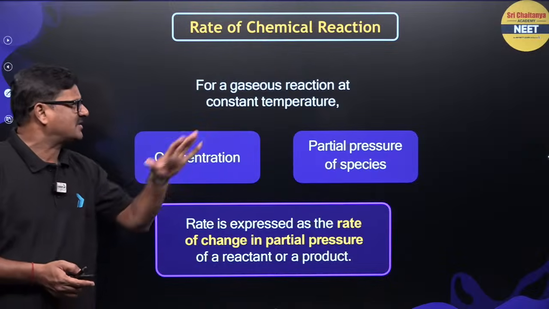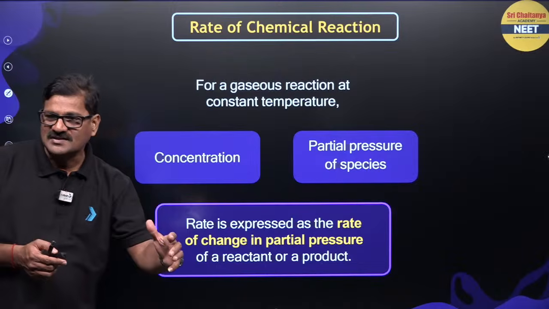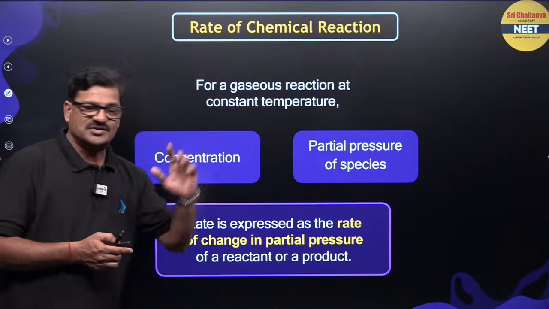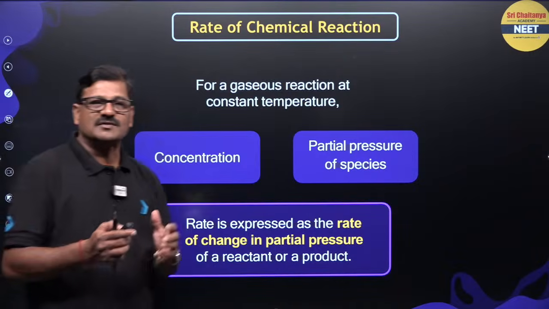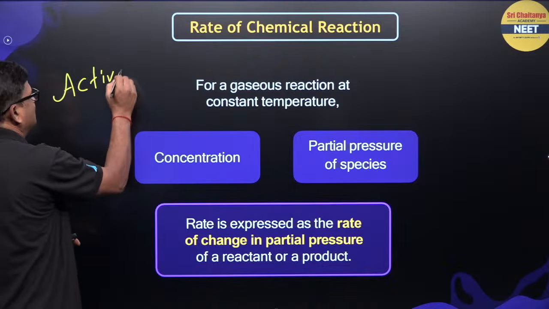So, rate of a chemical reaction. For a gaseous reaction at constant temperature, there is a change in the pressure, isn't it? So the concentration could be the partial pressure of the species. So I want to say it is the concept of active mass. What is the meaning of active mass?